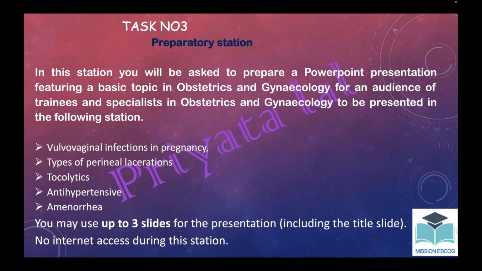The topics could be any random topic. One time it was vulvovaginal infections. One time it was types of perineal laceration. Tocolytics came when I was there. So you have to prepare a talk on tocolytics, and they gave 11 minutes for the presentation.